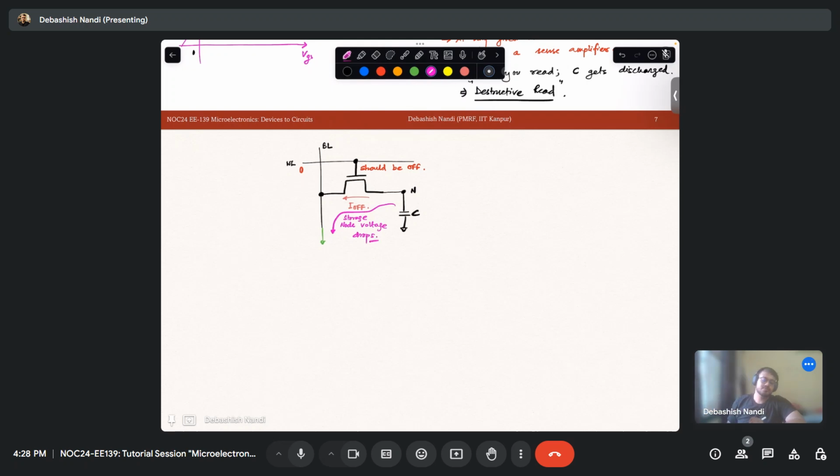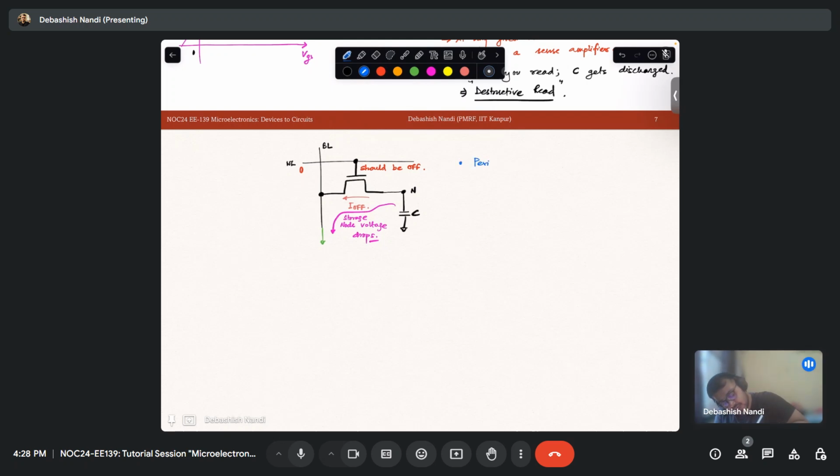Okay, so that is not good for us, right? Because below a certain threshold, if suppose your high value is stored at C or the storage node, if it starts leaking after sufficient time, it will read it as 0. Okay, so that will misinterpret the information stored.